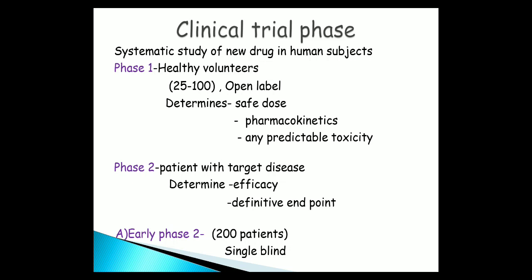So this is all about your single blind phase 2 study. A clinical trial is called single blind when only one party is blinded, usually the participants, who take part in the clinical trial and do not know what kind of treatment they are getting. So this is called single blind.